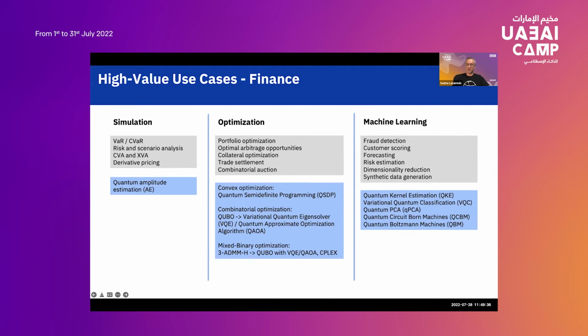This is a kind of algorithm which can work even on these noisy, NISQ quantum computers. Machine learning as well in finance. This is a separate field, but it's quite interesting for fraud detection, customer scoring, forecasting, etc.